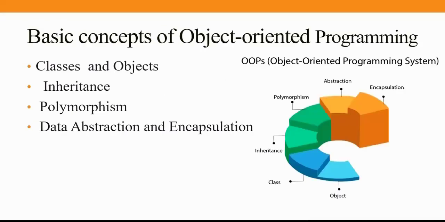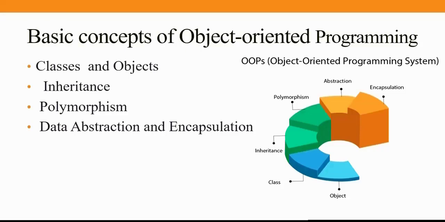Finally, now we have come to the place where we learn about the basic concepts of object oriented programming. Actually, object oriented programming has some specific features. First one, I would say classes and objects. As I said, in object oriented programming, we create programs with the help of classes and objects.